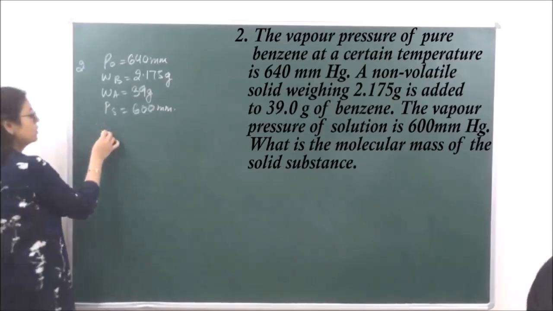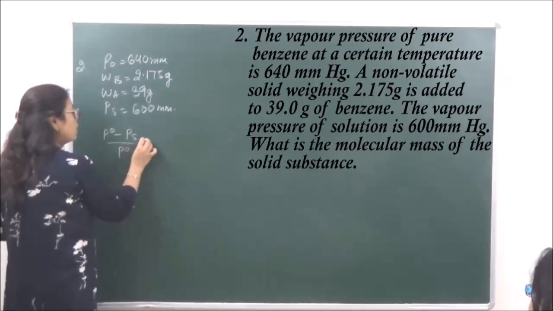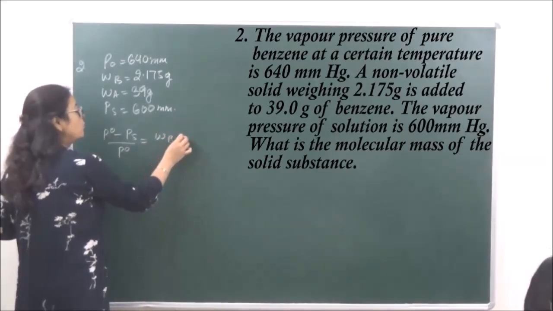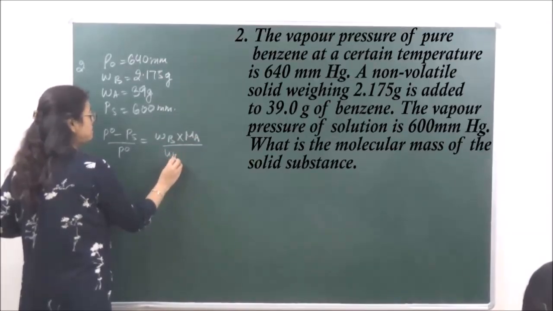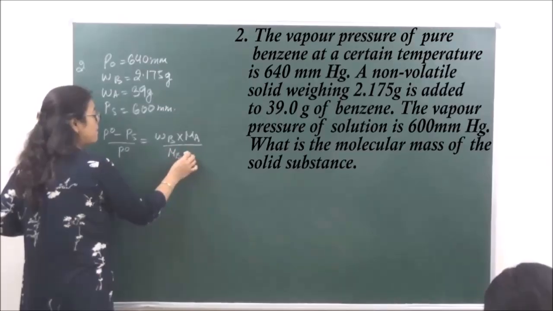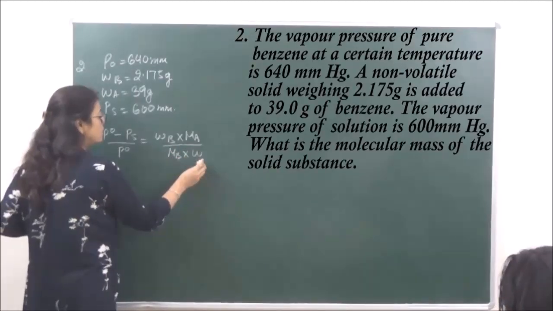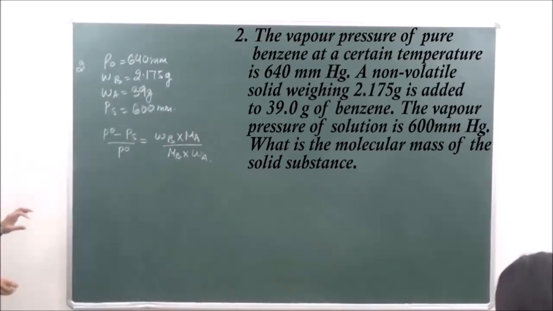Okay, so again we put Raoult's law: P naught minus Ps upon P naught is equal to WB into MA upon MB into WA. Okay, what is P naught?